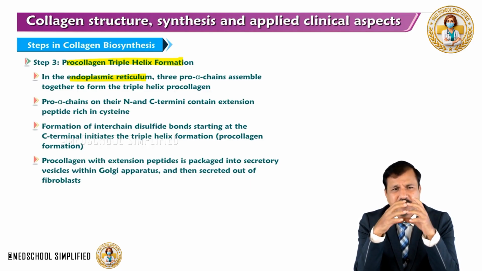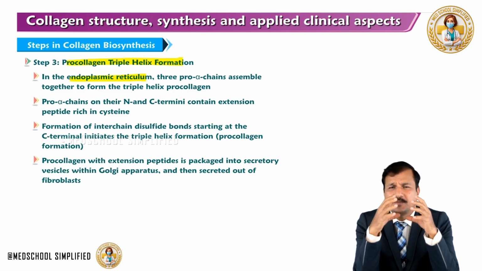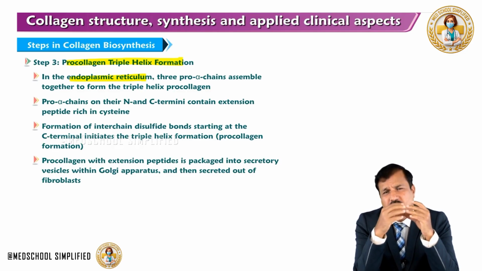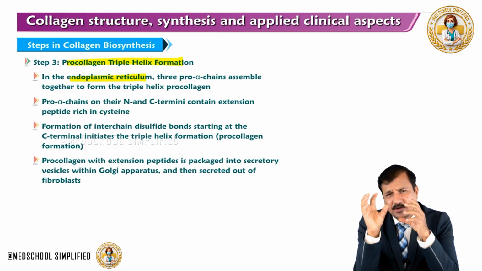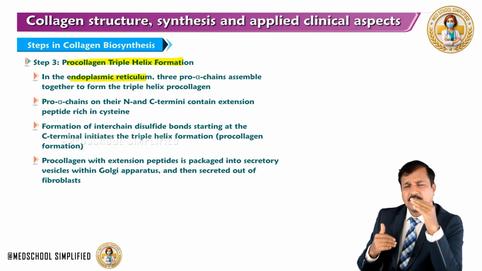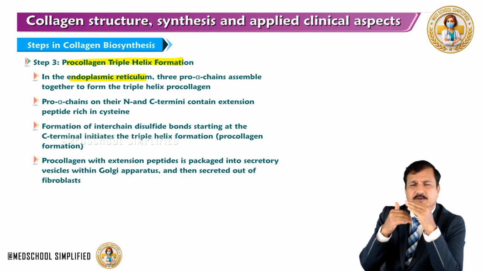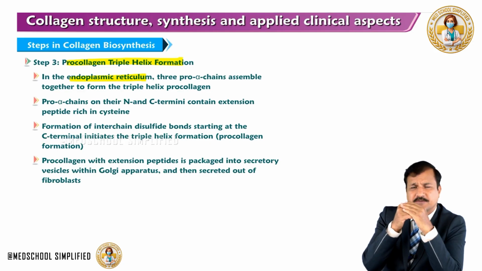rich in cysteines. So, how this triple helix formation is initiated: at the carboxy terminus, see the cysteine amino acid having the thiol group in one of the pro-alpha chains interacting with another cysteine amino acid thiol group, and making a disulfide linkage by oxidation.